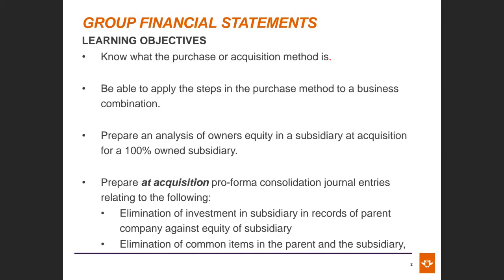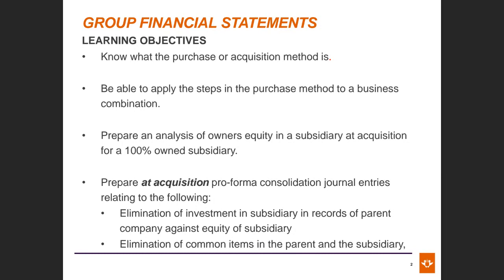Then we're going to be preparing pro forma consolidation journal entries at acquisition relating to the following. So we're going to be eliminating the investment in the subsidiary in the records of the parent company against the equity of the subsidiary. Okay, that sounds complicated, but we have a few examples in the slides that are going to explain this nicely.